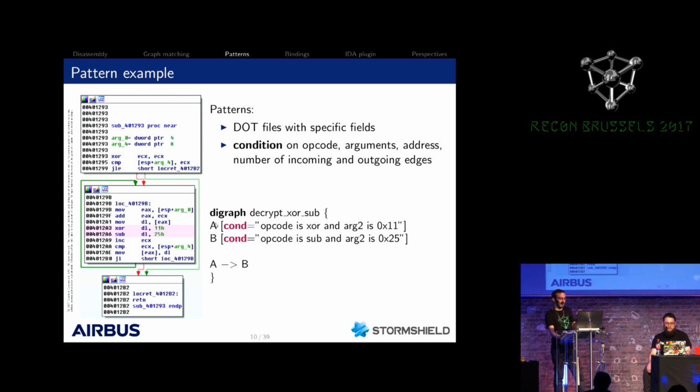Then we say it has two nodes. The first node is A, with the condition: I want to match an instruction that has XOR as its opcode and has as argument number 2, 11. I have another node that is B, and the condition is I want to match an opcode that is sub, and that has as argument number 2, 25. And then the part here specifies the edges, so there is an edge from node A to node B, which means I have a child from node A that is node B.